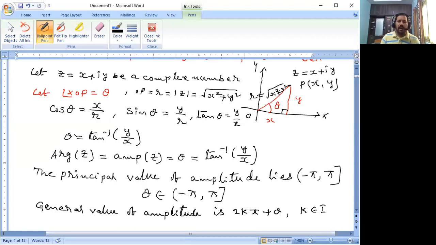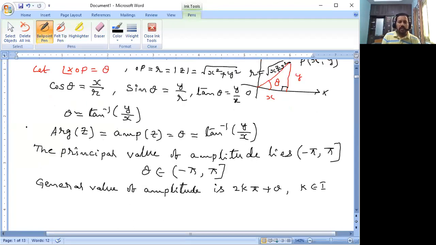Now, argument of 0 of a complex number. Argument of z equal to 0 is not defined. The 0 complex number means that is origin only. At the place of origin, argument is not defined.